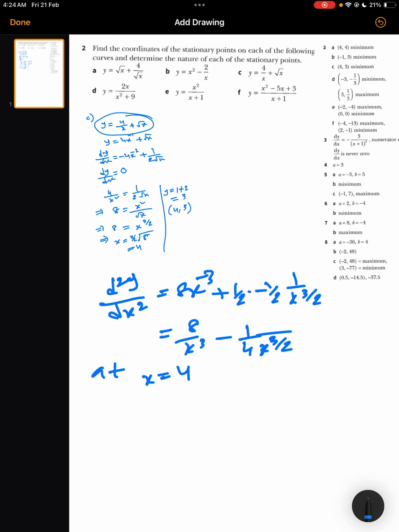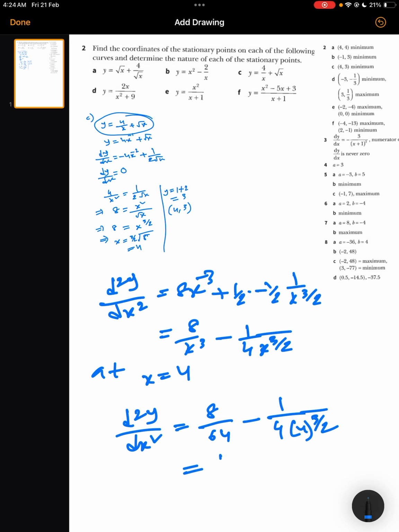At x equal to 4, d square y by dx square is 8 over 4 cube, which is 64, minus 1 by 4 times 4 to the power 3 by 2.